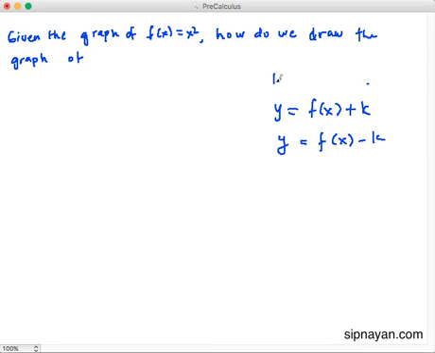Pag nag-plus k tayo, ang graph umaangat siya. The graph translates vertically k units upward. So, pag nag-plus 3 ka, tumataas yung graph mo ng 3 units. Pag nag-minus 1 ka, bumababa yung graph mo ng 1 unit. So, panoorin nyo yung previous video na yun kasi medyo related yan dito.